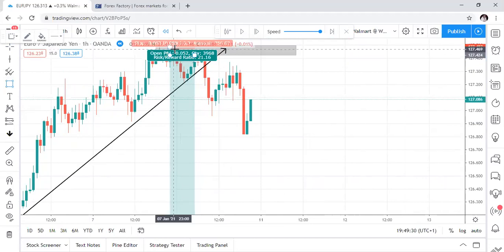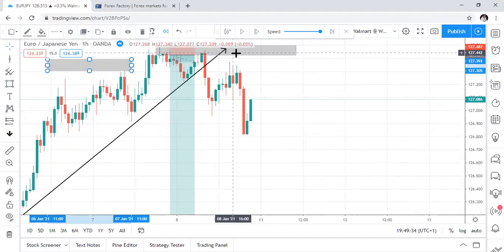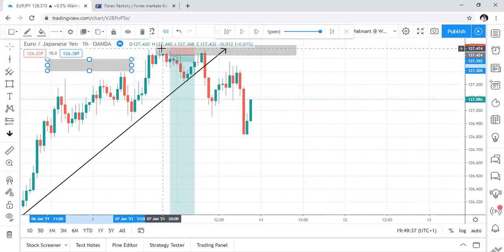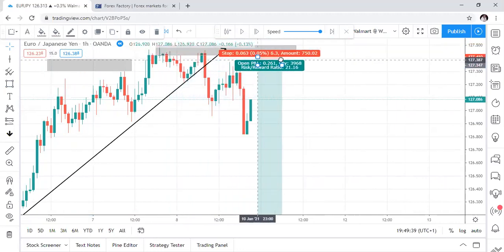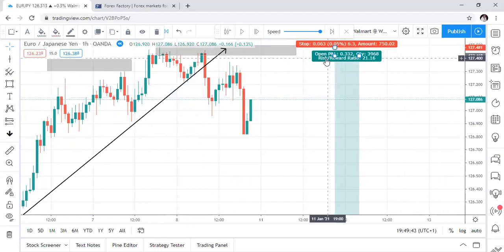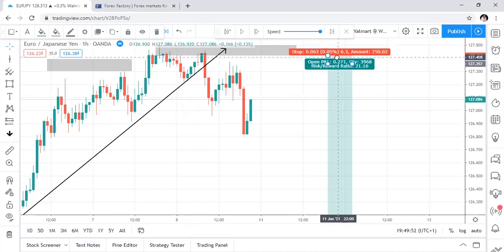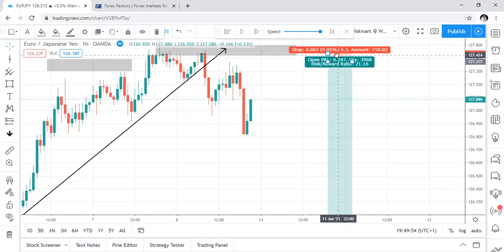Let me shift this here. Okay. So you can imagine it formed another block here.